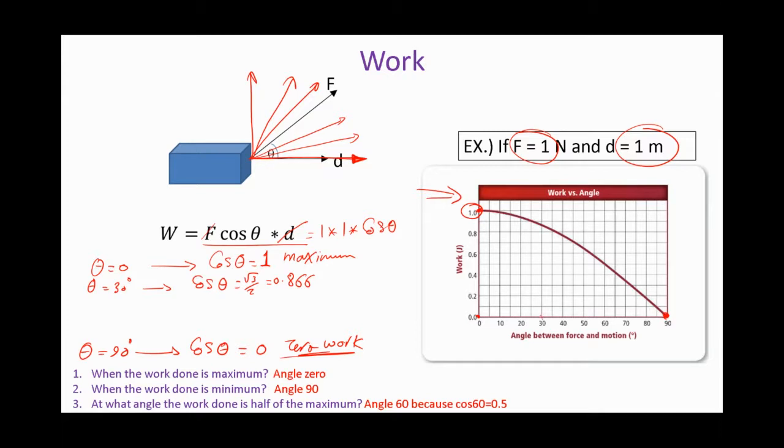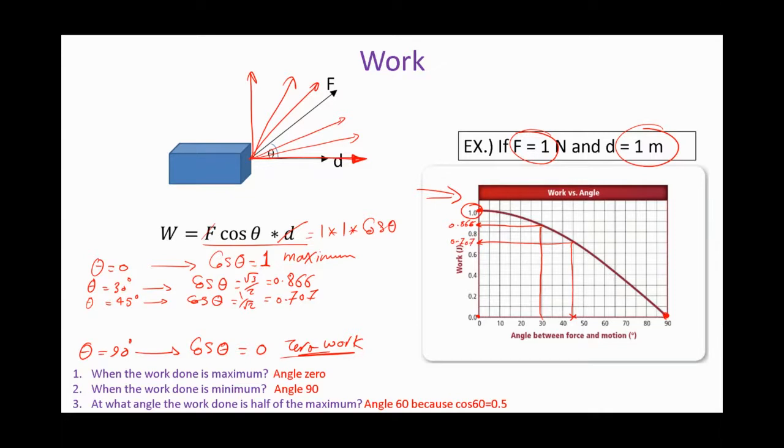At 30 degrees here, look, you will find that the work is 0.866. What if we say the angle is 45 degrees? Cosine theta is 1 over root 2, which is 0.707. So at 45 degrees, the corresponding work is around 0.707.